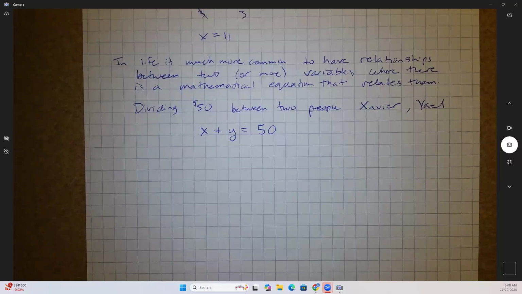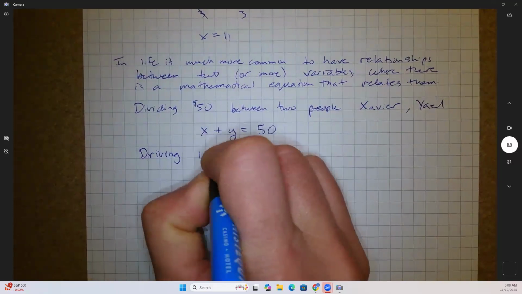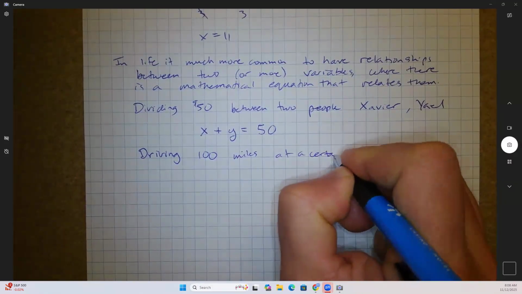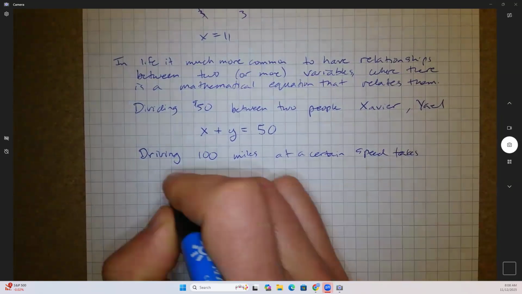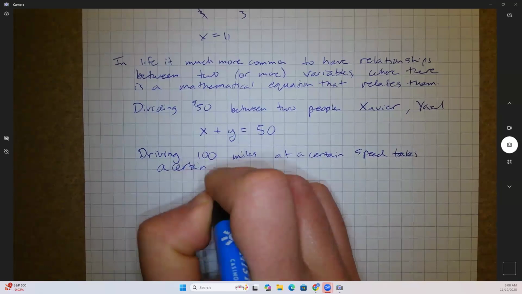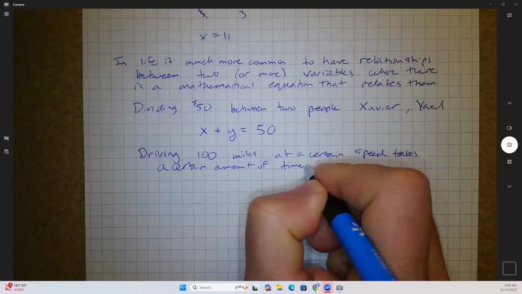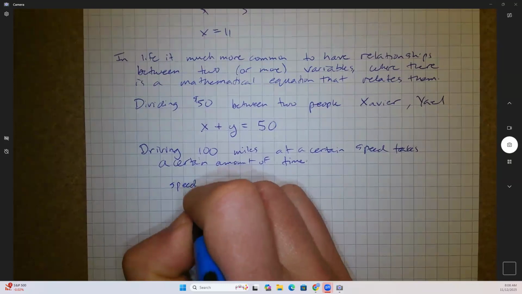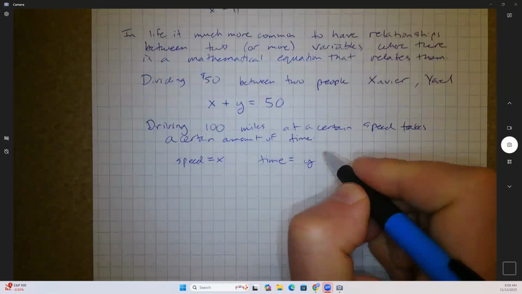There are other equations that involve two variables, like driving 100 miles at a certain speed takes a certain amount of time. And I could represent that with speed equals x and time equals y.